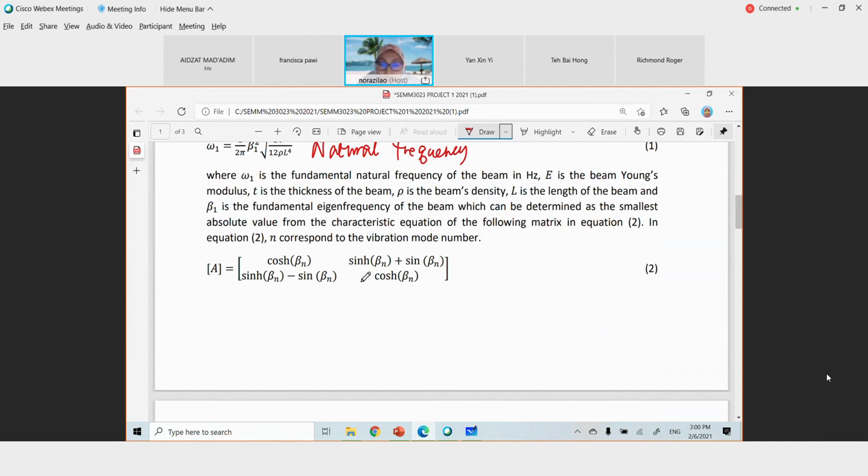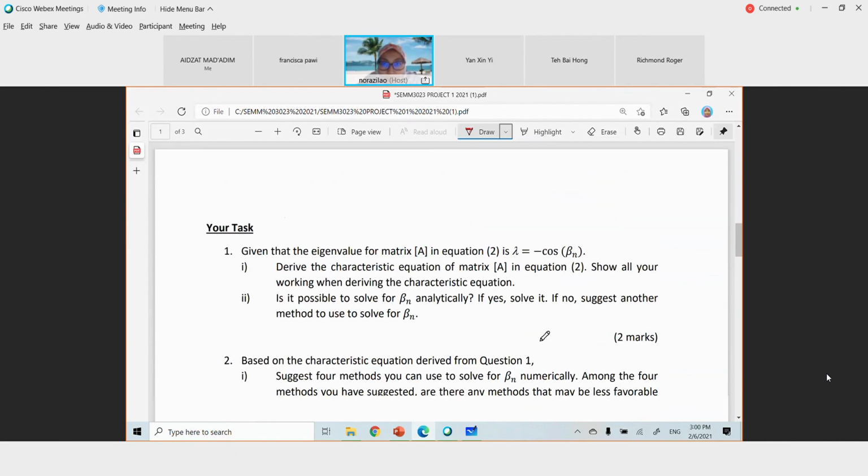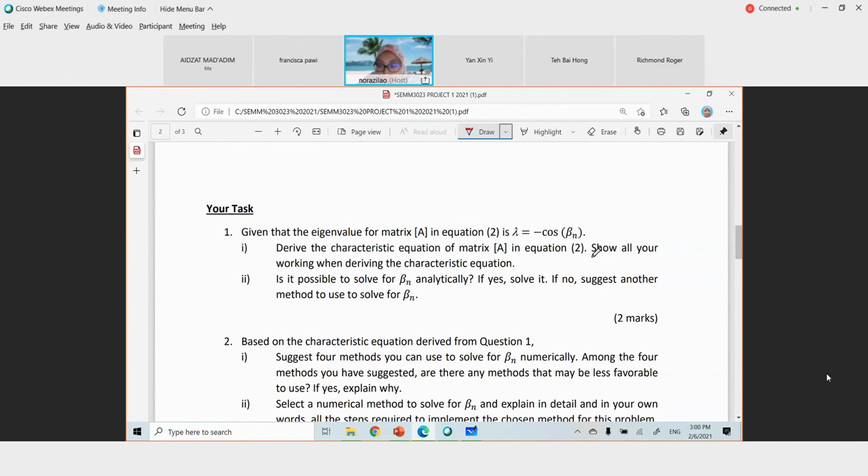As we know, to determine the characteristic equation, you must multiply this value and then subtract this multiplied value. So you must produce the characteristic equation from matrix A in equation 2. Show all your working when deriving it. The keyword is characteristic equation, based on the eigenvalue topic.